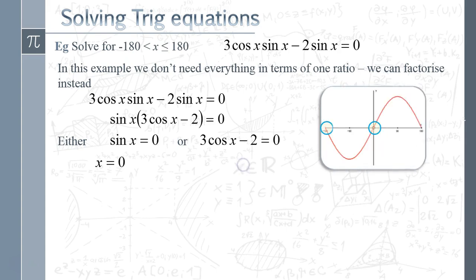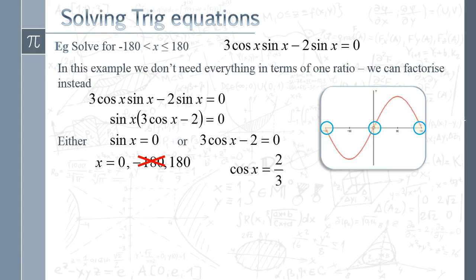And that's that one. And we've got two other values, but here we need to pay very careful attention to the range of values we want. So if we have a look up here, that thing there is saying greater than minus 180, and this one's saying equal to or less than. So what that means is that one is not in the range, so just the two values that we want are 0 and 180.